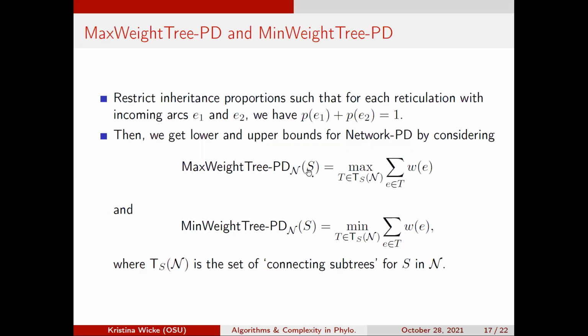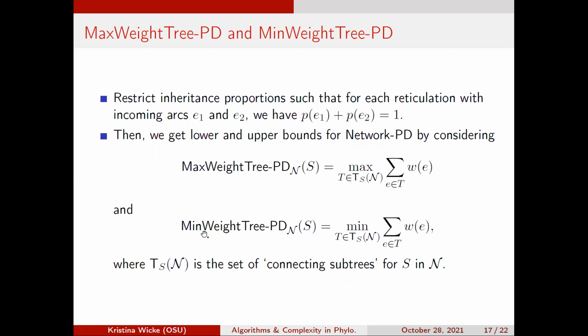So if we introduce the restriction that inheritance proportions for each reticulation with incoming arcs E1 and E2 add to 1, so P of E1 plus P of E2 is 1, then we could show that we can get lower and upper bounds for network PD by considering two measures of PD: max weight tree PD and min weight tree PD.